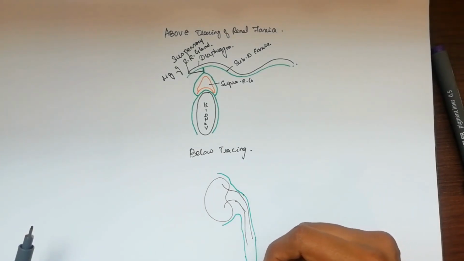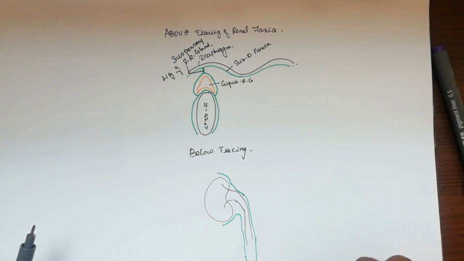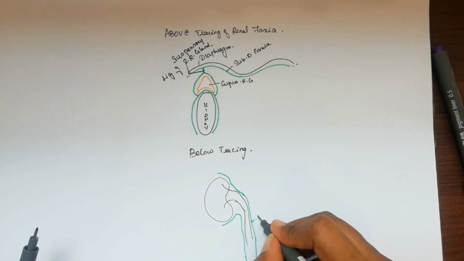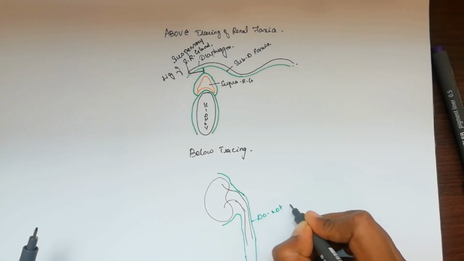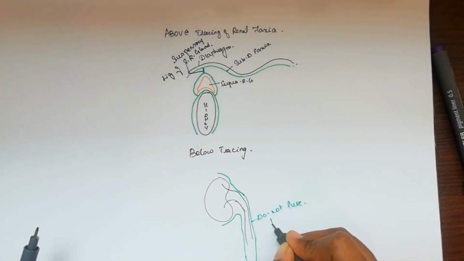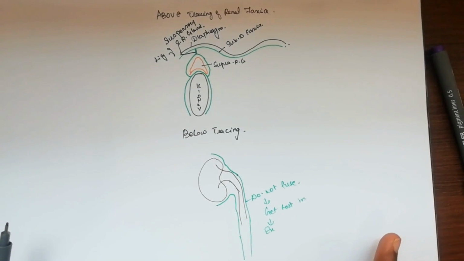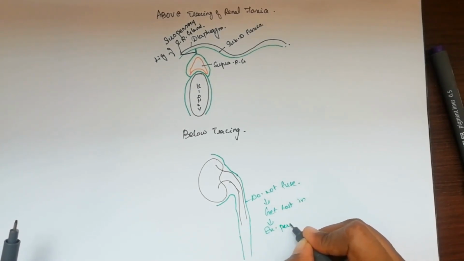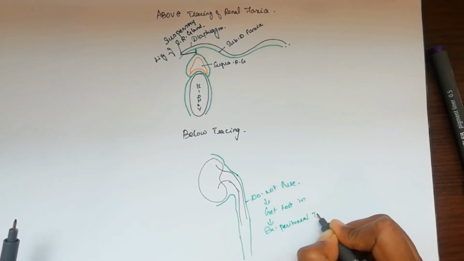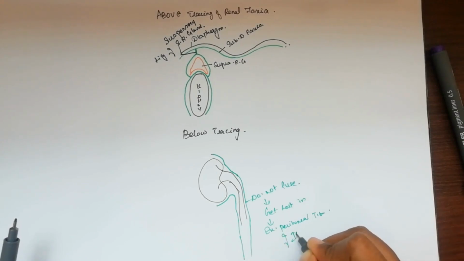Without fusing it is going downwards and getting lost in the iliac fossa. So it will get lost in the extraperitoneal tissue of the iliac fossa. It does not fuse, and it will get lost in the extraperitoneal tissue of the iliac fossa.